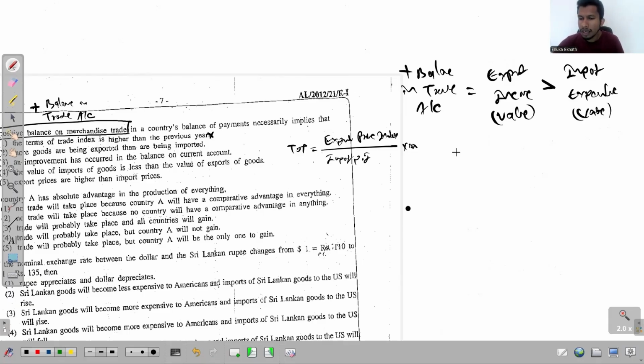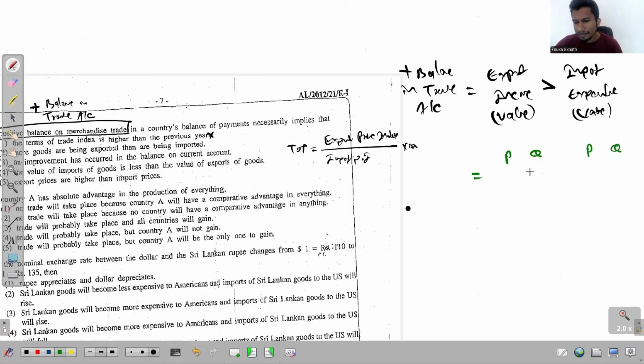If you have simply gone to a shop and bought goods, you know the difference between price, quantity and sales value. You know the difference between these, the price, quantity and the sales value. Just imagine that you export as a country. This is the price and this is the quantity.